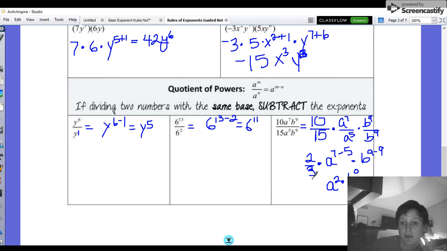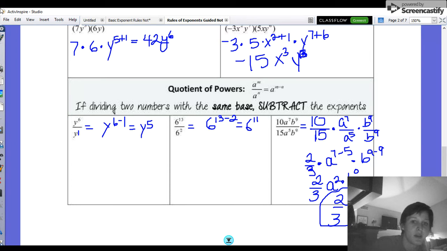And this is 2/3. So remember, this turns into a 1, so I don't need it. So my final answer, squeeze it down here, 2/3 a squared, and that's it. B goes away because it's just multiplying it times 1.